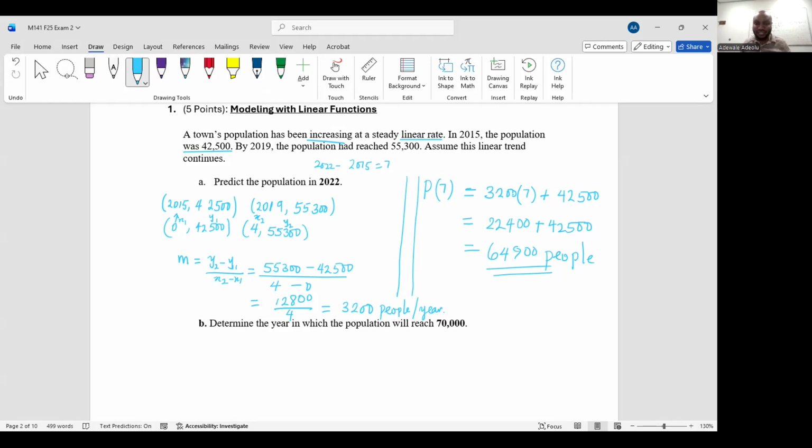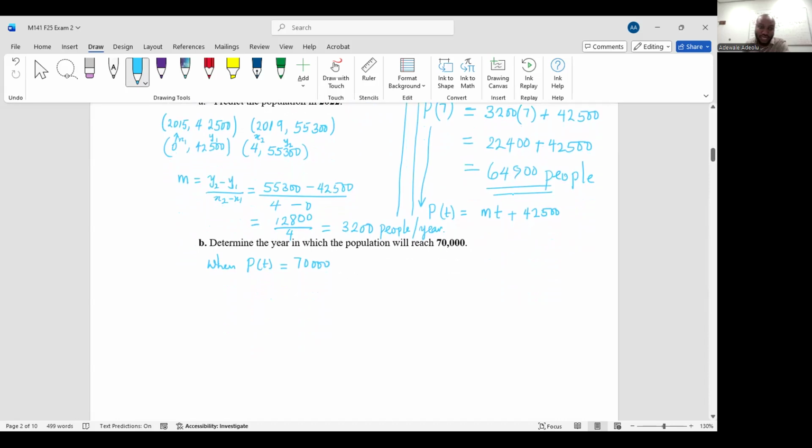It turns out that P of t, at any time t, is the slope multiplied by t plus 42,500, the starting point, right? So we want to know when, which is the question of time, when the population is going to be 70,000.